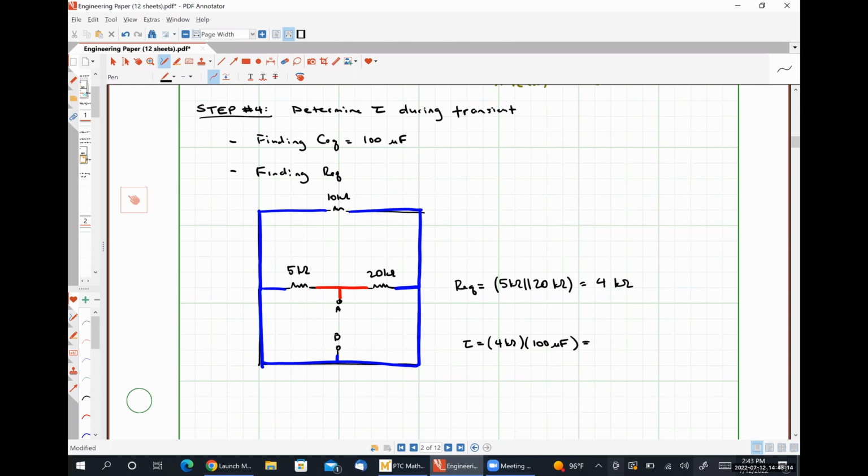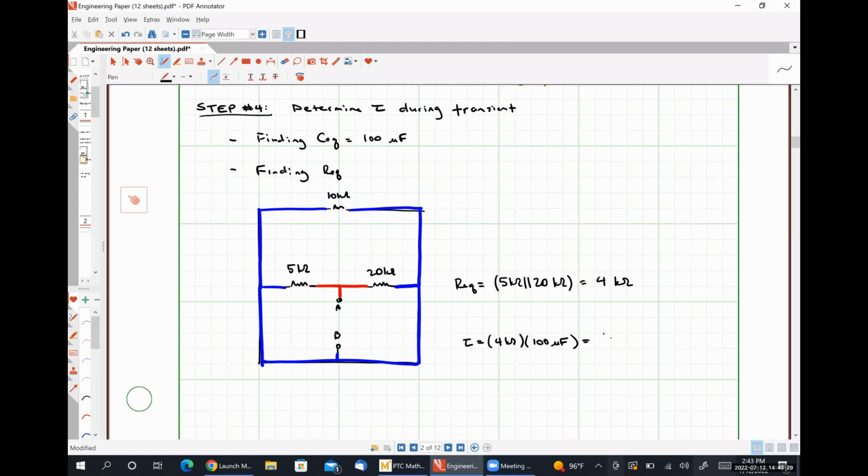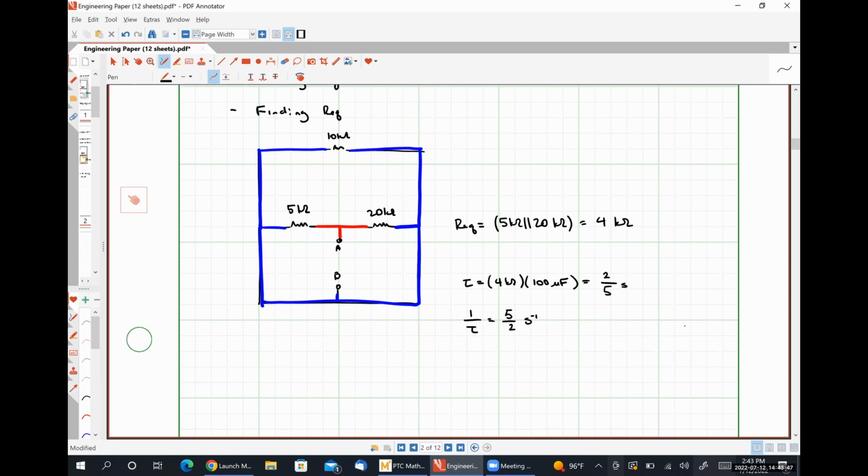So I'm going to throw this in my calculator just to make sure I don't get the units wrong. So 2/5 of a second. And from that, 1 over tau is obviously 5 halves per second. From here, we move on to step number 5.